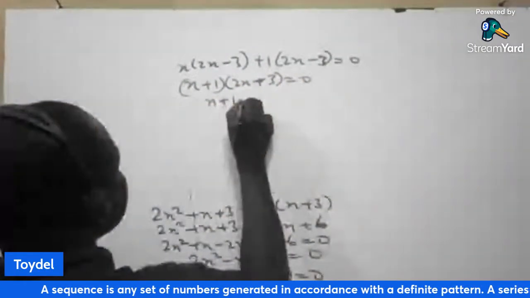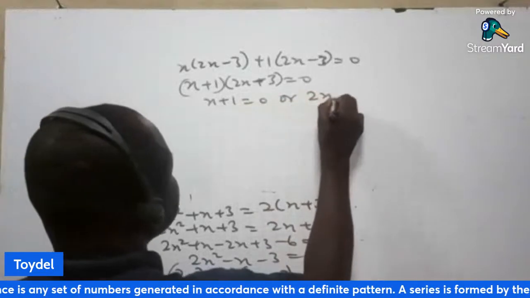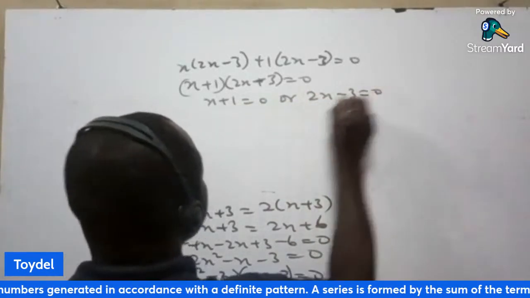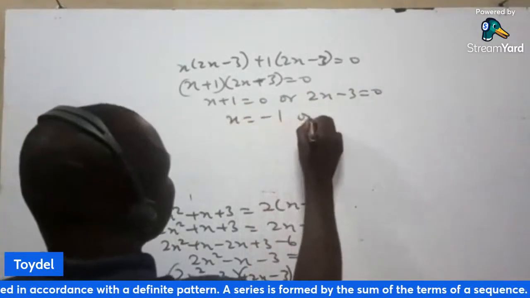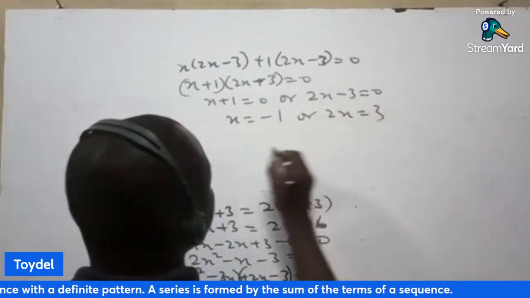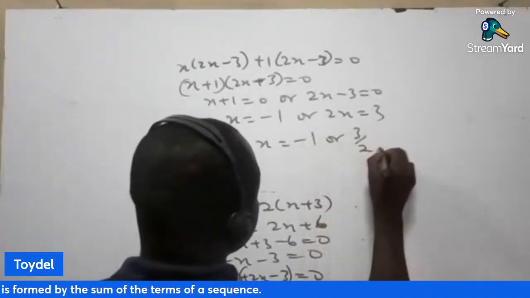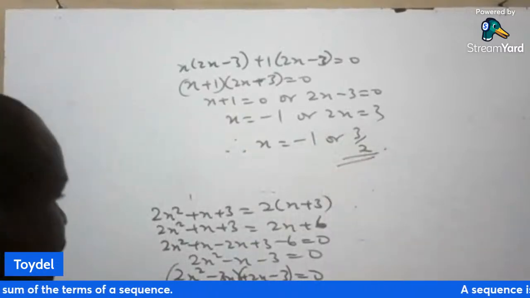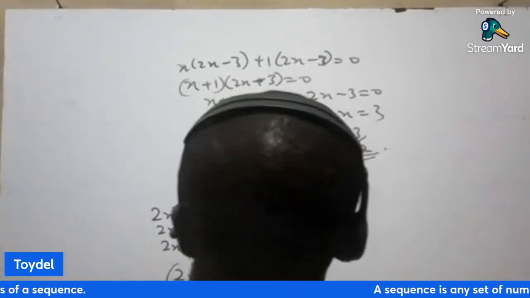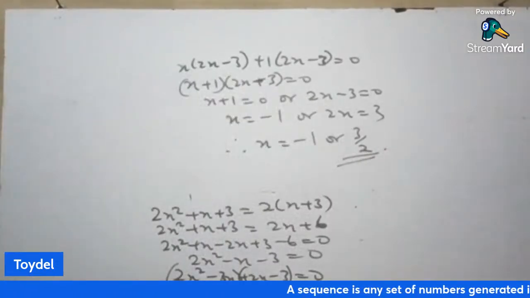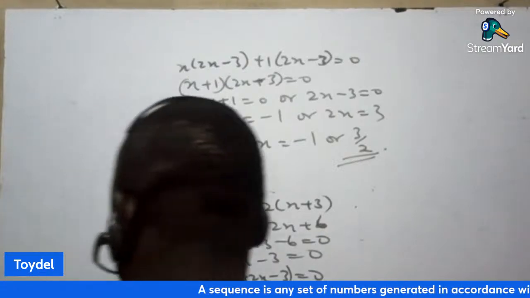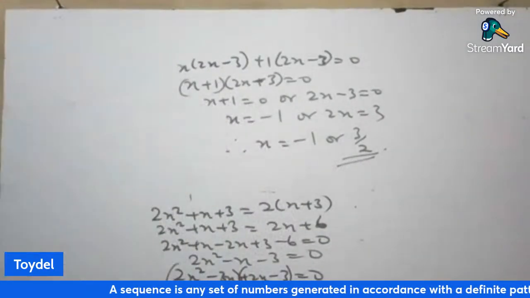So x plus 1 equals 0 or 2x minus 3 equal to 0. x is equal to minus 1 or 2x is equal to 3. Therefore, x is equal to minus 1 or 3 all over 2. So with the knowledge of arithmetic mean, we are able to solve this particular problem.